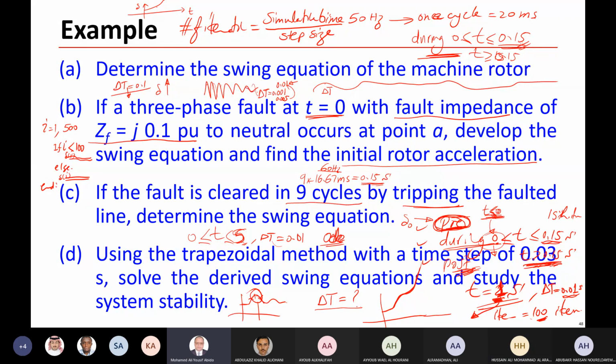But at the end, maybe this is from 0 to 3 seconds. After 3 seconds, you experience a slow change in delta. It is not wise to keep the step size very small, although you experience very slow dynamics. You can extend the step size based on the difference between delta I and delta I minus 1, for example.